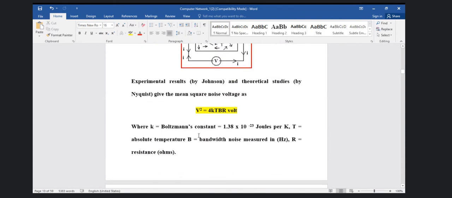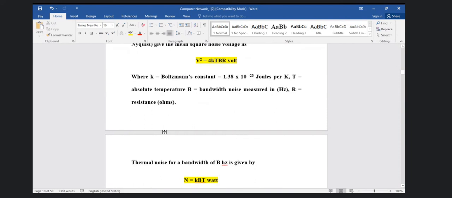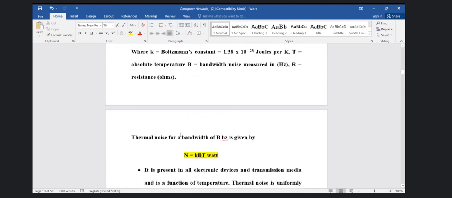Similarly, shot noise is found in active electrical components, and this is due to random fluctuations of emission of electrons. These electrons constitute a current which we know as noise current or shot noise current. Before that, the thermal noise for bandwidth B hertz is given by N equals kTB watts.